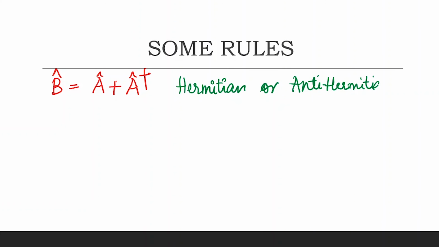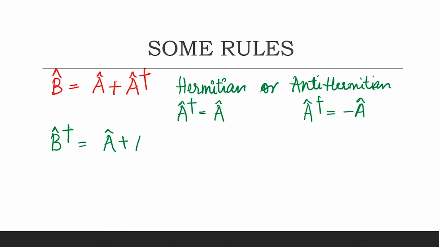We know that for an operator to be Hermitian, it should follow this relation, and for anti-Hermitian, it should follow this relation. So we have to make use of these two and check whether this operator is Hermitian or anti-Hermitian. So we have to take the adjoint of B.